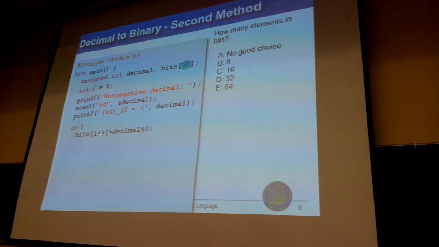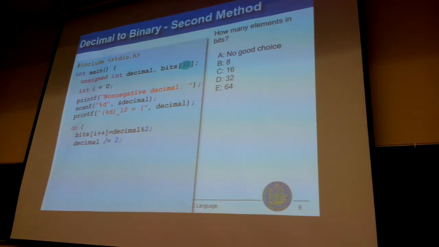So we're setting bits I equal to the remainder when we divide by 2, so decimal mod 2. So obviously this will be 0 if decimal is even, and 1 if it's odd, if there's a remainder in the division.